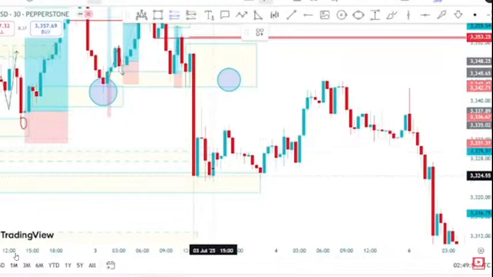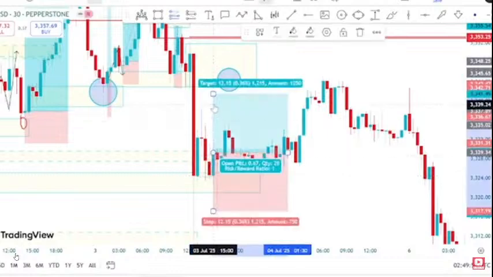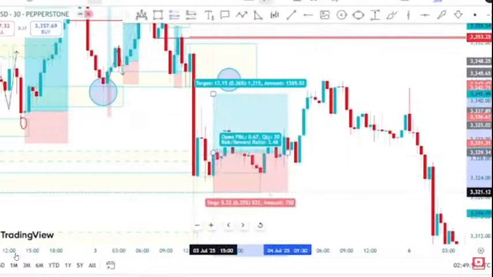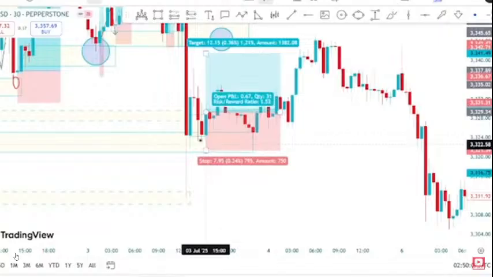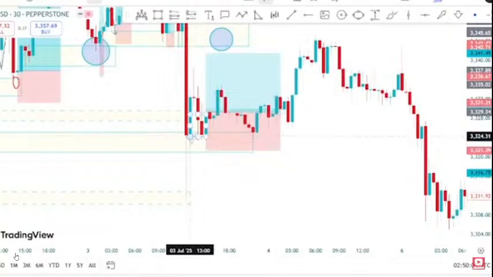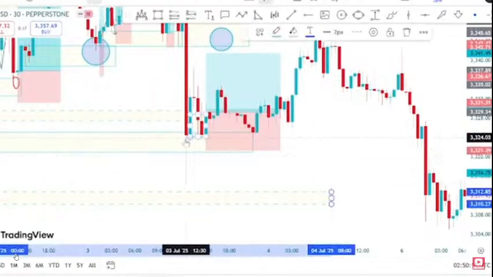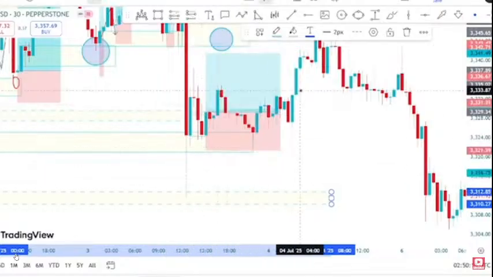We took a buy from this area. Okay, the stop loss was below the previous low, because I knew that if the market break below this area, we are going to fill this week and this week, this one.